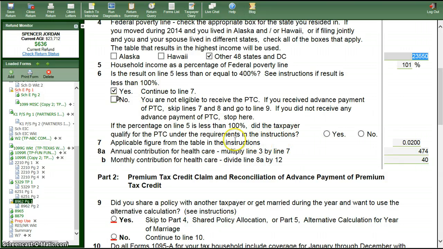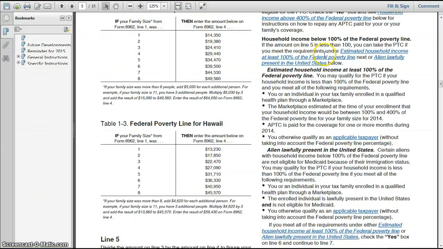And these requirements are in the instructions to the form 8962. And I'm going to show you that here briefly. These are the requirements. So someone in the family must have enrolled in a health plan through the marketplace.